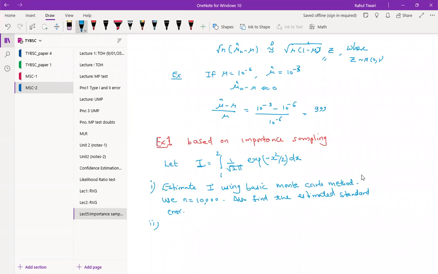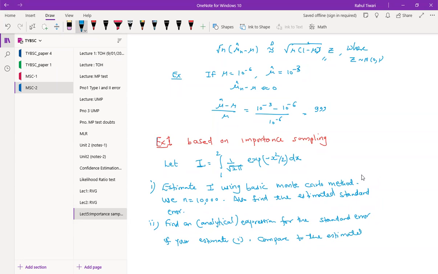Second part, find an analytical expression for the standard error of your estimate in 1 and compare it to the estimated standard error.